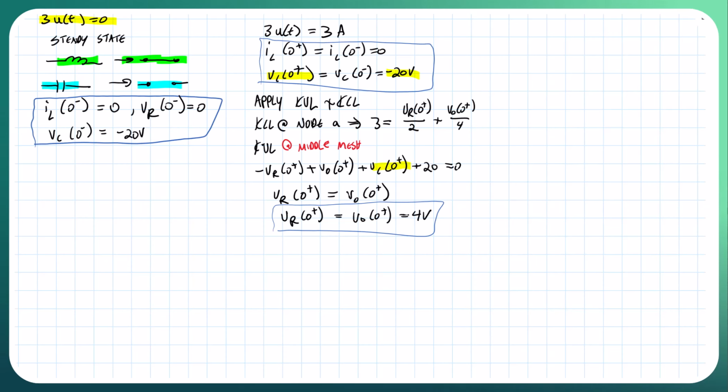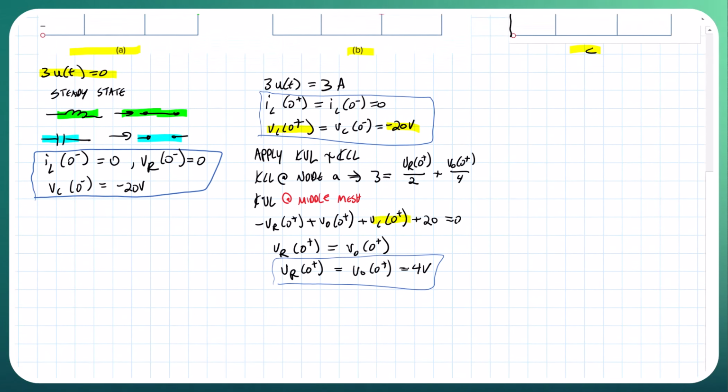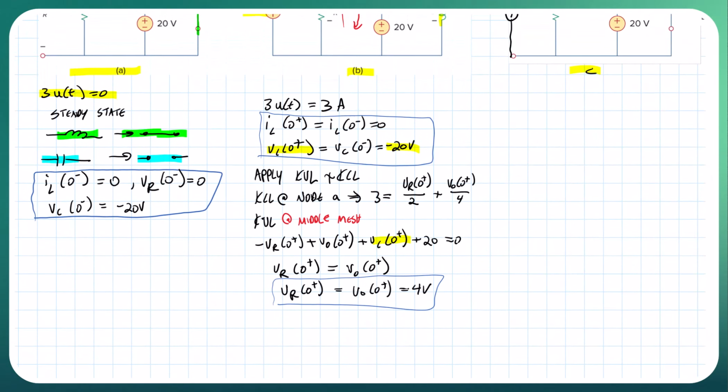So we know that L dIL over dt is equal to VL.